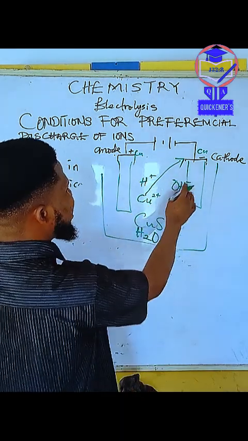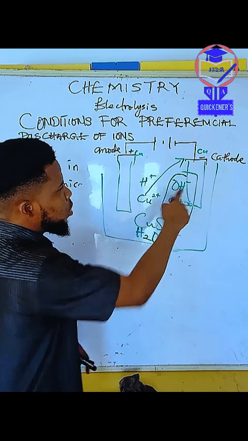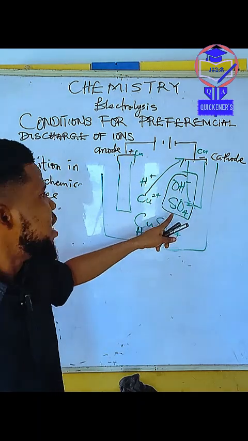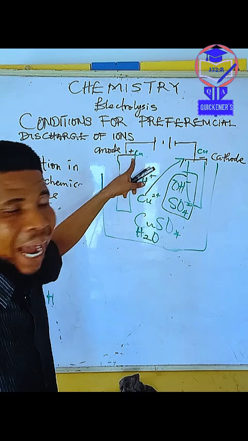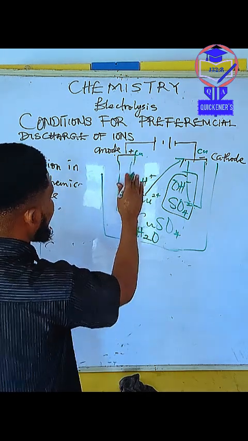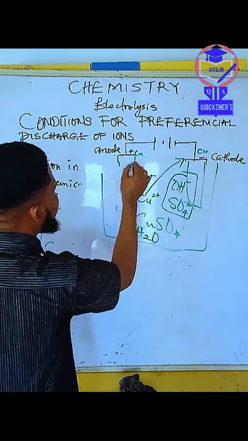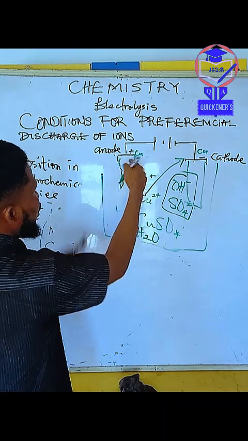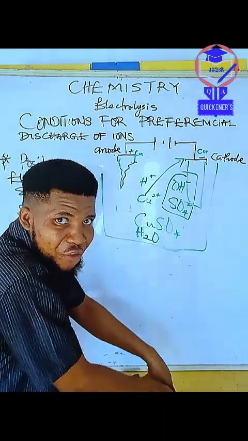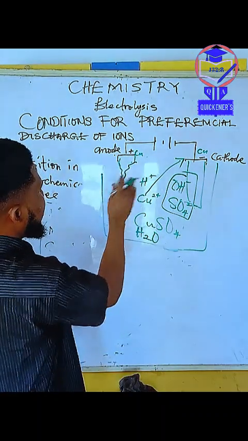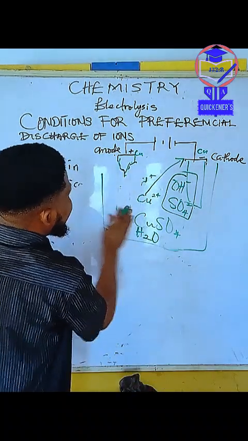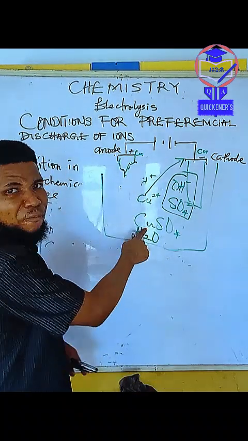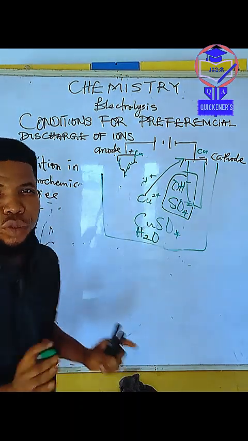But when it comes to the negative ions like OH- and SO4 2-, instead of any of these being discharged, the copper from the electrode will go into solution. The copper electrode is dissolving into the solution to make up for the copper that is leaving the solution.